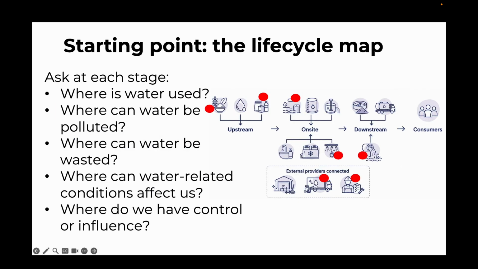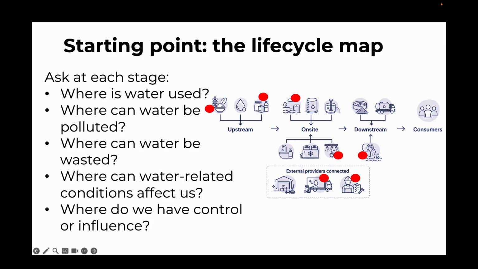The life cycle map is not just a drawing. It's a working tool. It helps us avoid one of the most common mistakes in environmental management, looking only inside the factory. For BlueRiver, water-related aspects may be found upstream, on-site, downstream, and in outsourced activities.